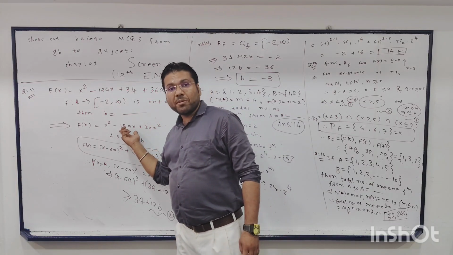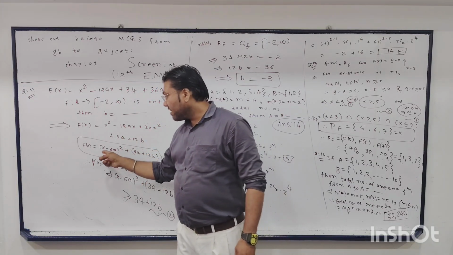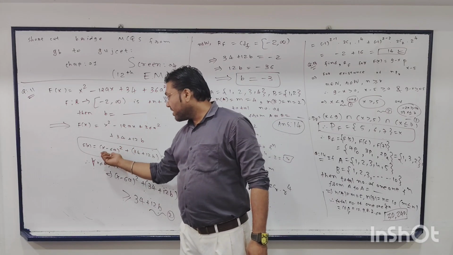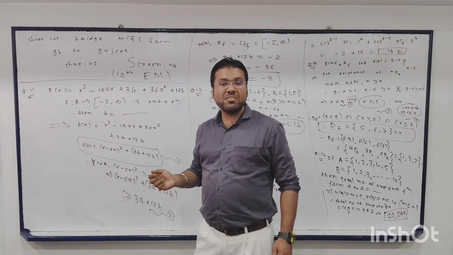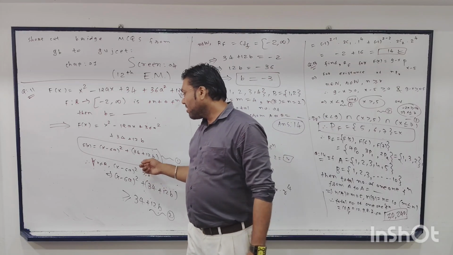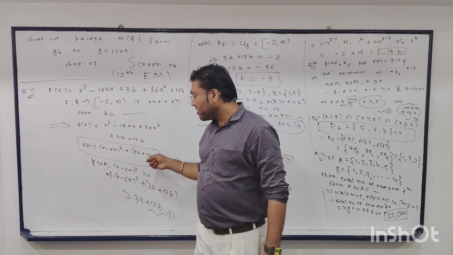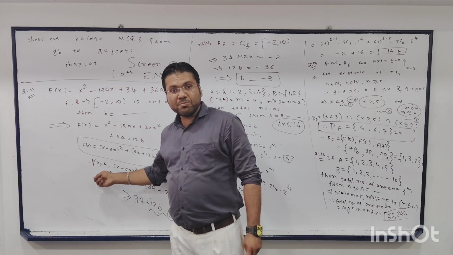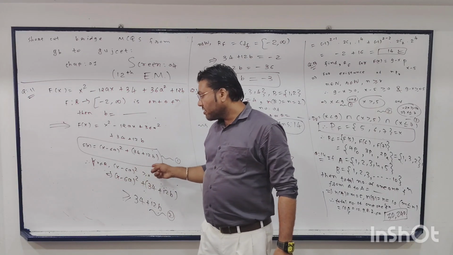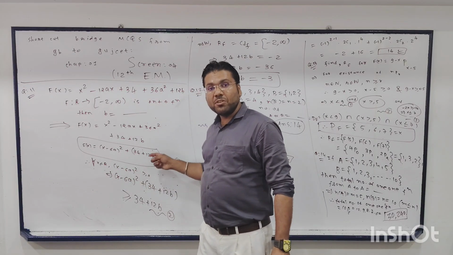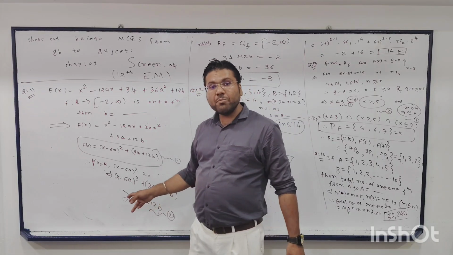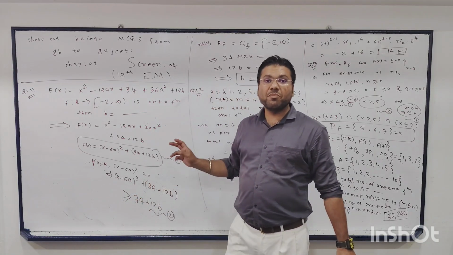This will become a perfect square just like a minus b whole square. So this will be x minus 6a whole square, plus the remaining term, which is 34 plus 12b. We know that for every x belongs to R, anything square is greater or equal to 0. So just add 34 plus 12b to both sides.